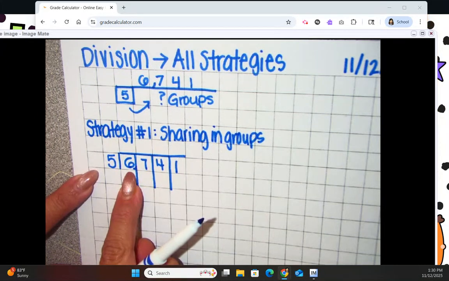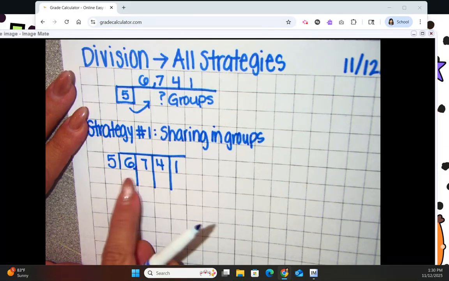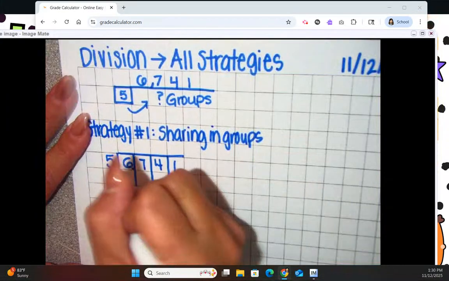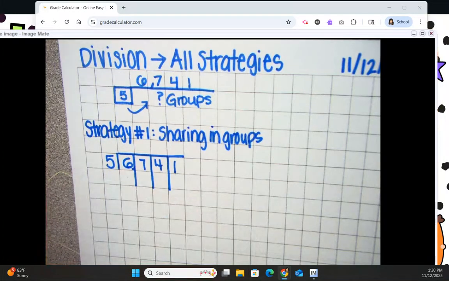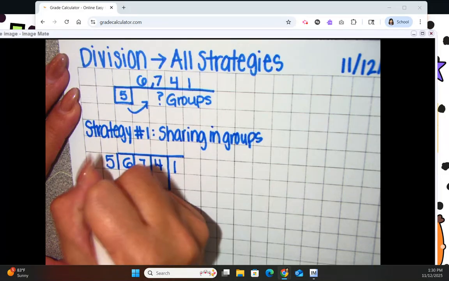I'm literally going to make 6 sticks. Now, I don't have to fit all of them right here. I can put them on the side, wherever I have space, somewhere close by. So I'm going to put these right here. So 6 sticks. 1, 2, 3, 4, 5, 6.